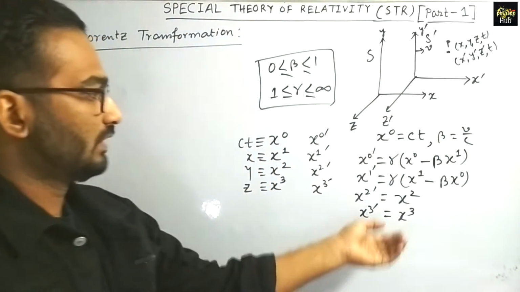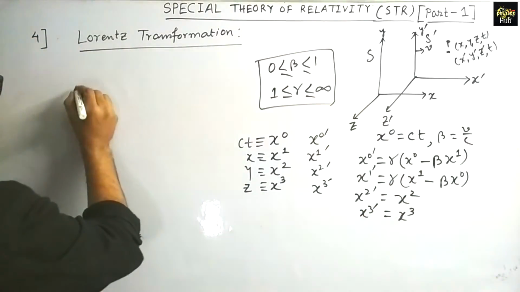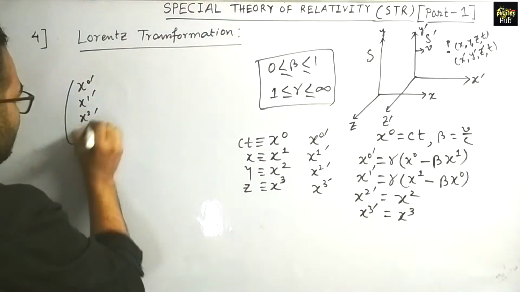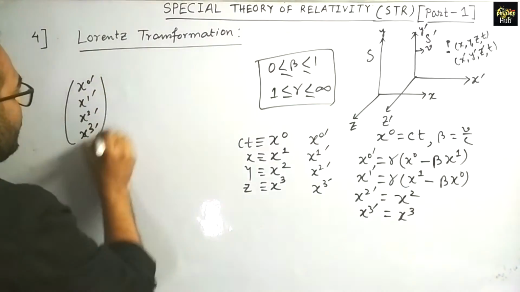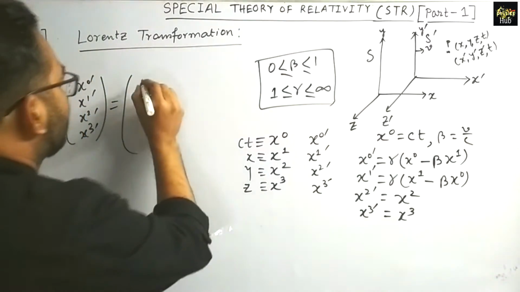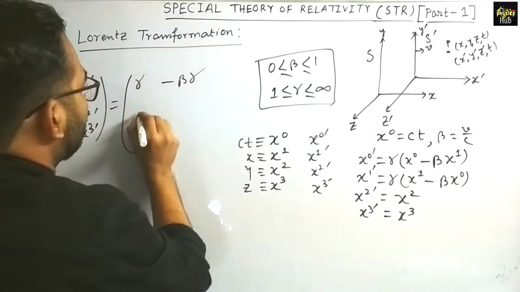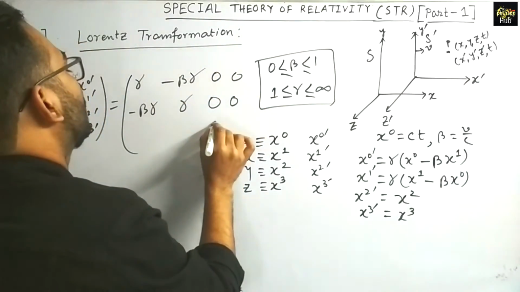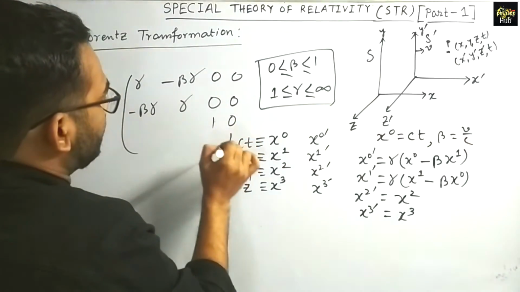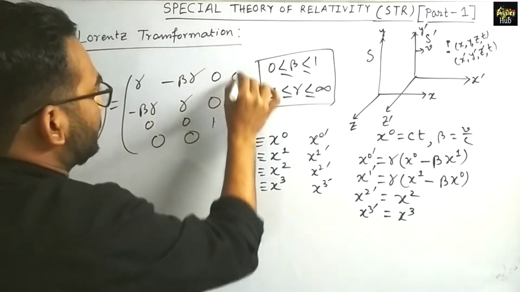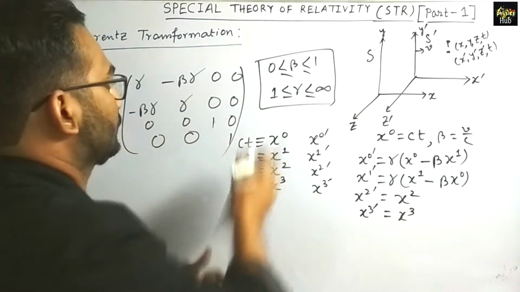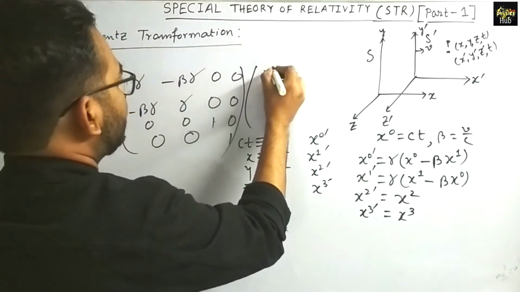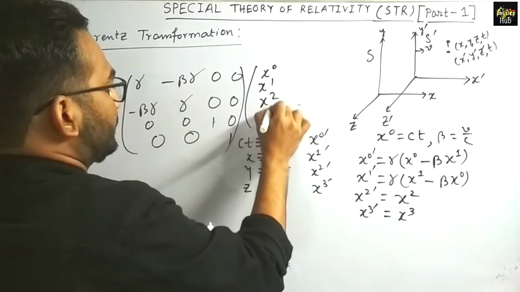Now how can we write these things in matrix form? We can write it like this: x0 prime, x1 prime, x2 prime, x3 prime equals the matrix with rows (gamma, minus beta gamma, 0, 0), (minus beta gamma, gamma, 0, 0), (0, 0, 1, 0), (0, 0, 0, 1), multiplied by x0, x1, x2, x3.